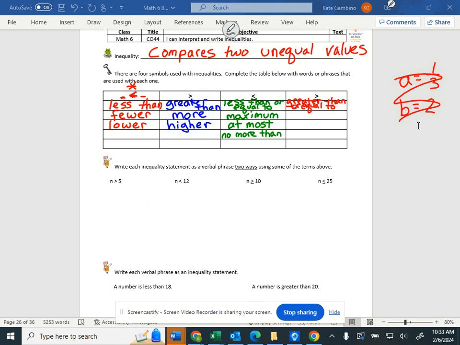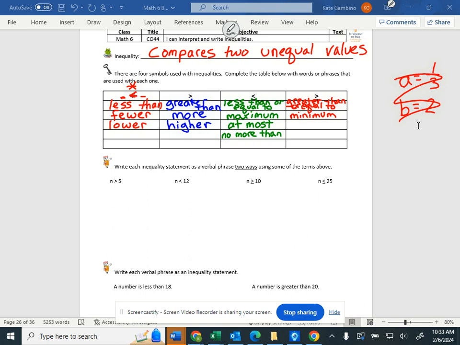If the less than or equal to is the maximum, what would we say for greater than or equal to? Marina? Minimum. The minimum amount would be 50. Okay, so it could be 50 or higher.